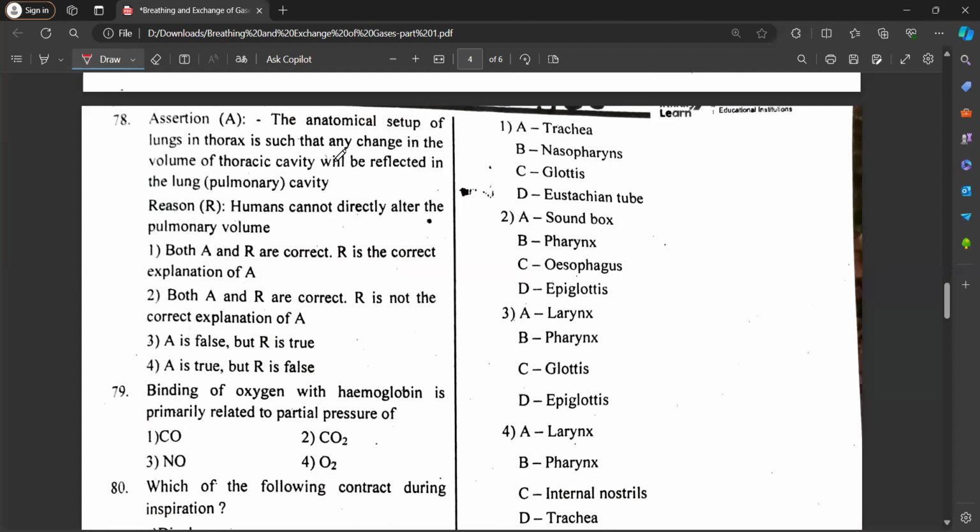So both A and R are correct. R does not explain A.